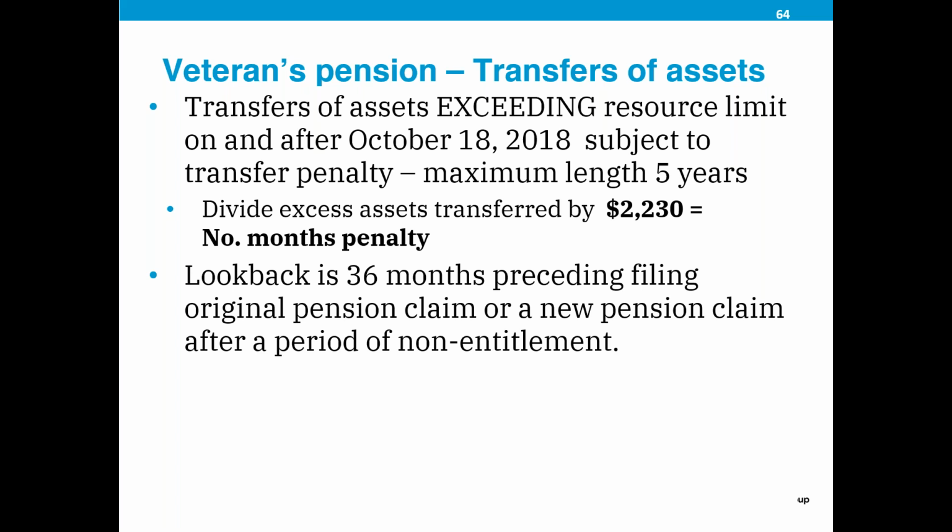And that's the number of months of the transfer penalty. And there is a 36-month look back preceding filing of a new claim, although it will not go back before October 2018. So right now, there's only like a 1 year look back until time marches forward.